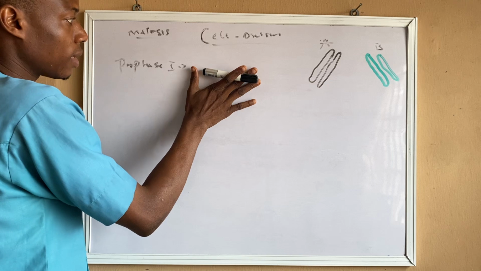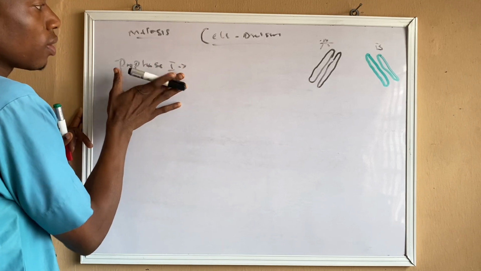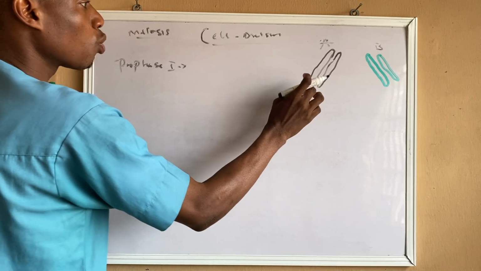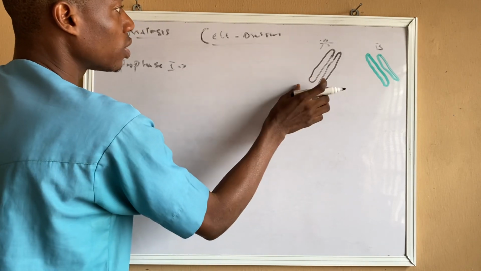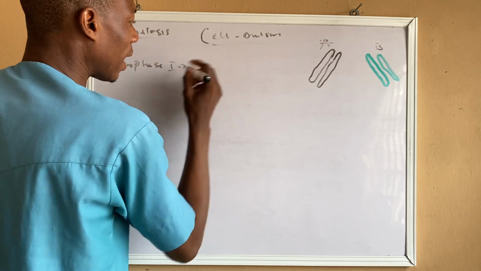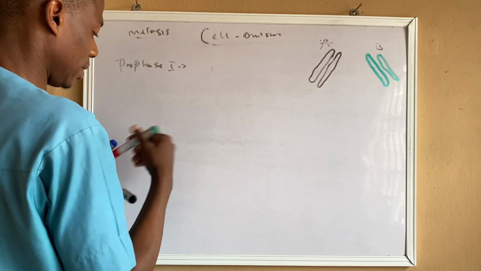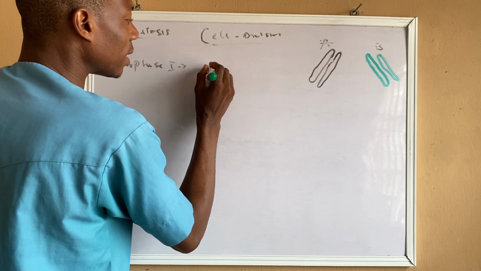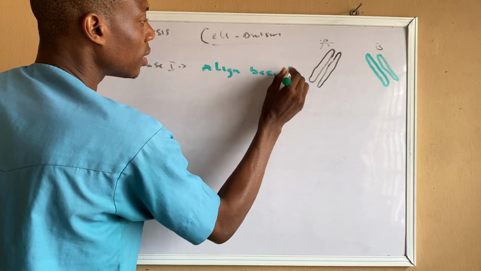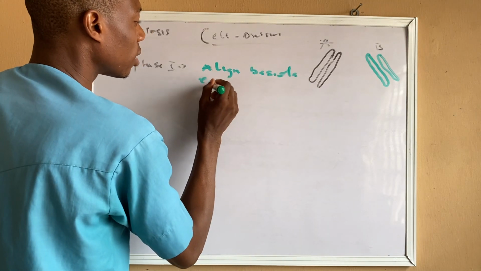Prophase is a process whereby the chromosomes A and B align beside each other.